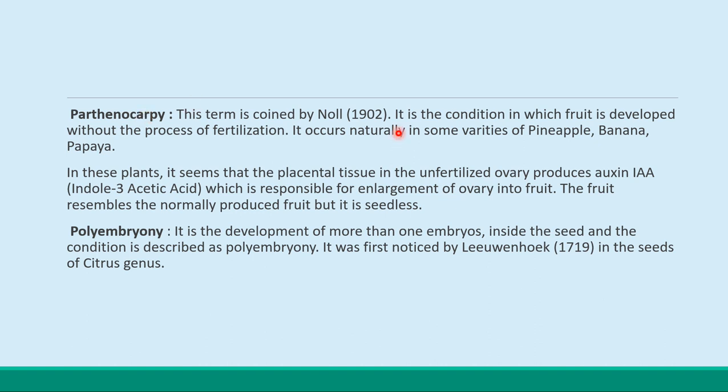It occurs naturally in some varieties like pineapple, banana, and papaya. These are examples of parthenocarpy. Okay, in these plants, what happens? It seems that the placental tissue in the unfertilized ovary produces auxin, or IAA, indole acetic acid, which is responsible for the enlargement of the ovary into the fruit.